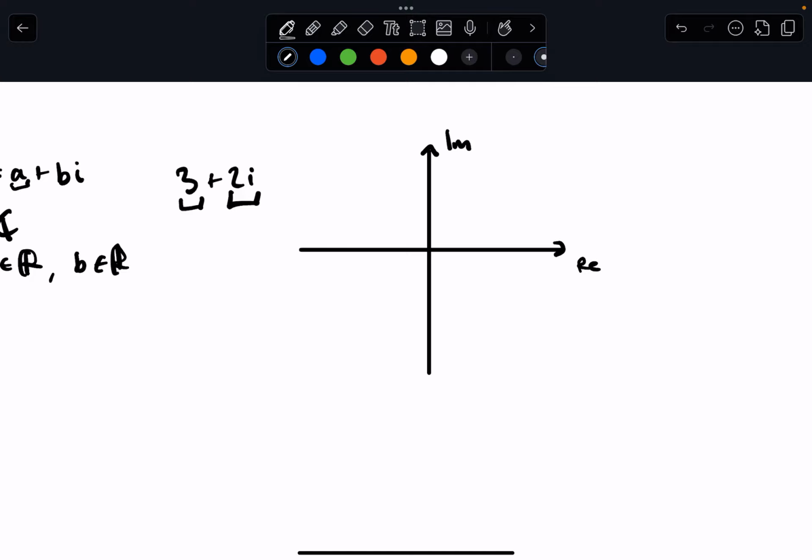So complex numbers are defined as points on these axes right here. So for example, the number 1 is just real, it's 1 unit on the real axis, right? So the number 1 would go right here.